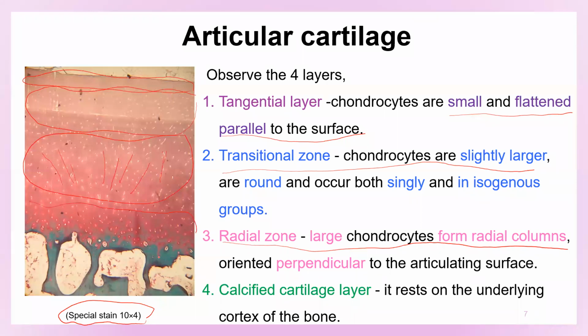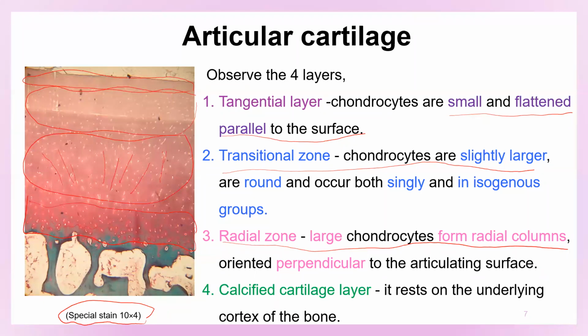Now the blue stain is for the calcium, and the pink stain is for the protein in the cartilage. So glycosaminoglycans, chondroitin sulfate and keratan sulfate are stained in pink, and the calcium is stained in blue. So here at the end, the calcified zone, you can see that some parts of it are blue.